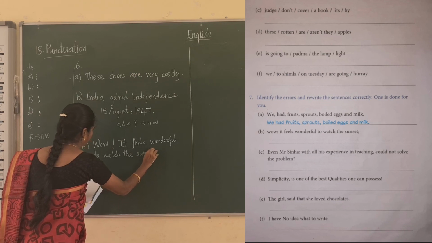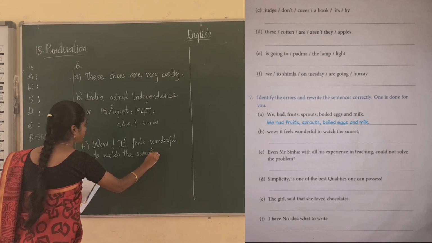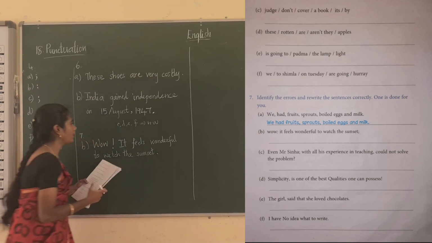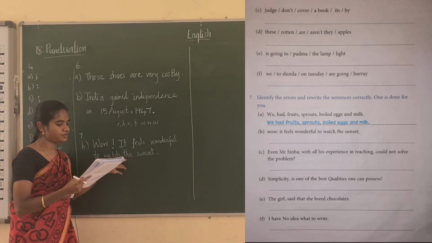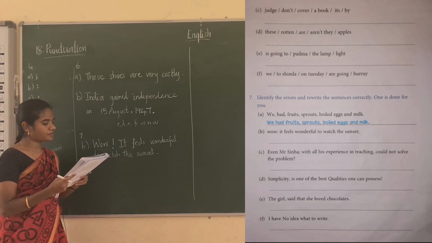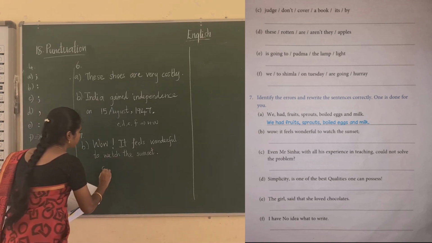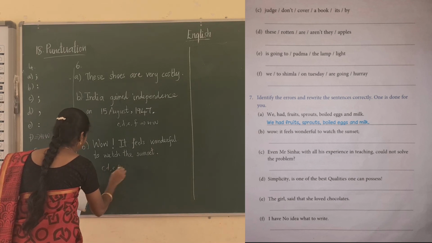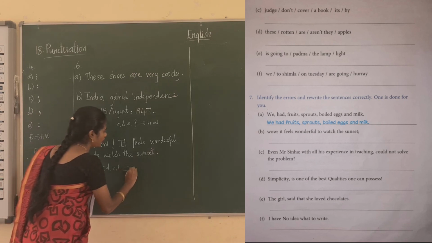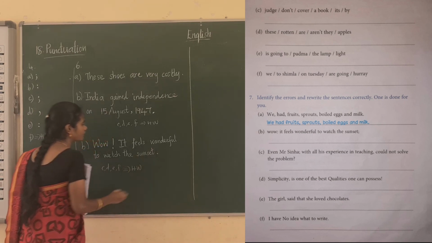So after the end of the sentence you have to put a full stop. Wow! It feels wonderful to watch the sunset. And the remaining things you have to do as the homework. C, D, E, F. That's all. Have to do this as the homework for you.